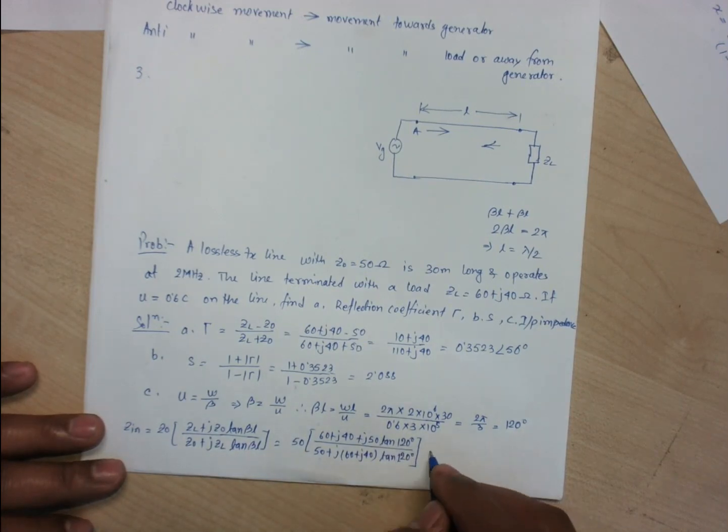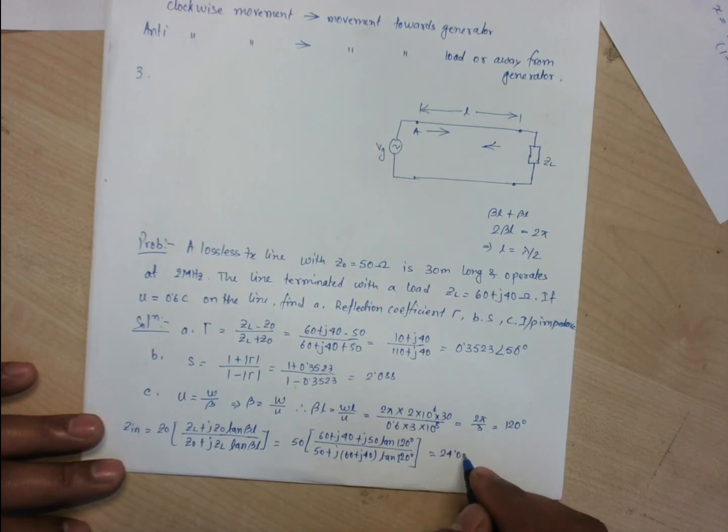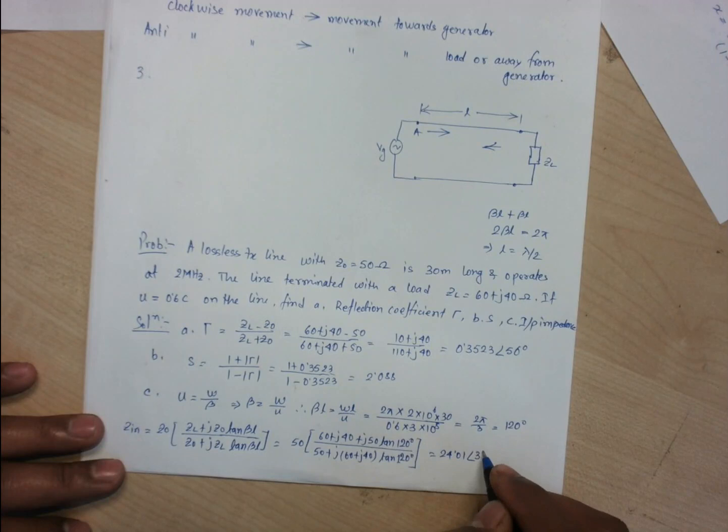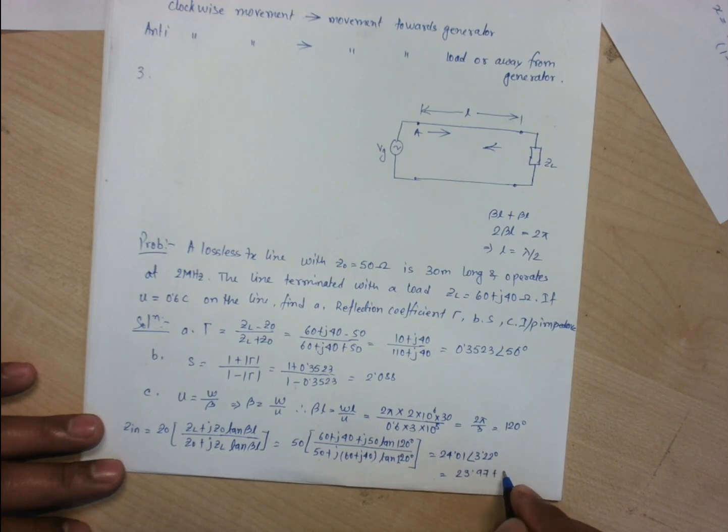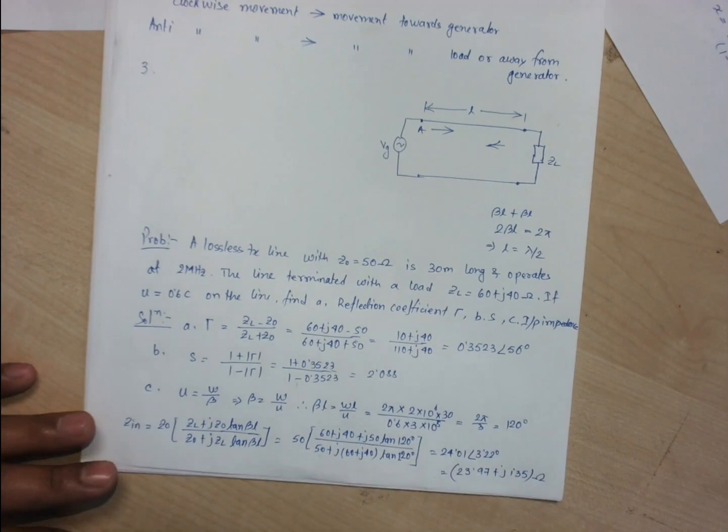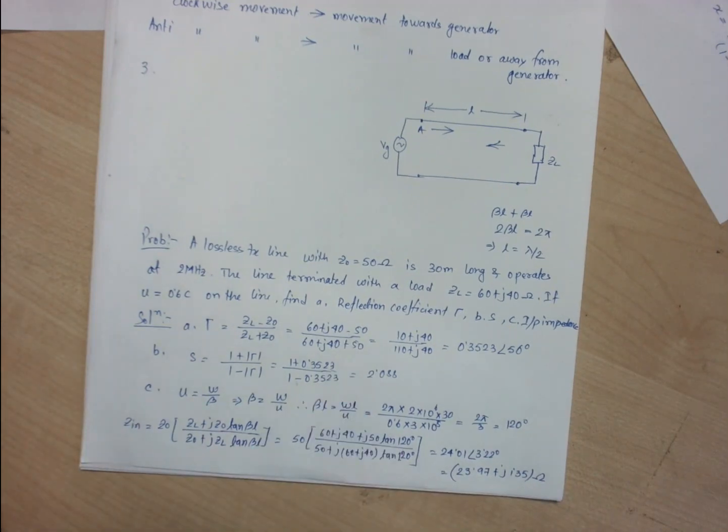So here we can easily find the value. It comes out as 24.01, with an angle of 3.22 degree, or in rectangular form it is 23.97 plus J 1.35. So it is the input impedance from this load if the length is 30 meter. The same thing we need to find using our graphical concept.